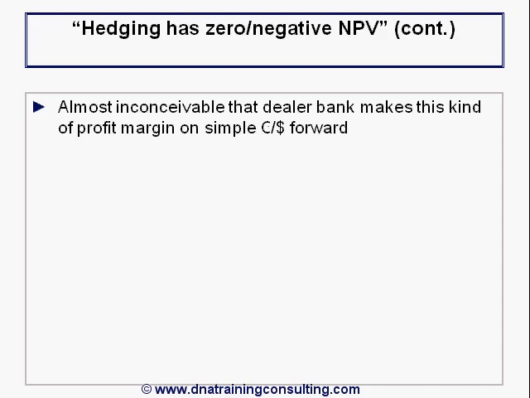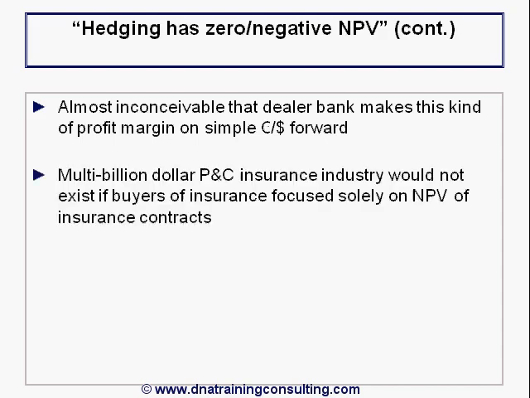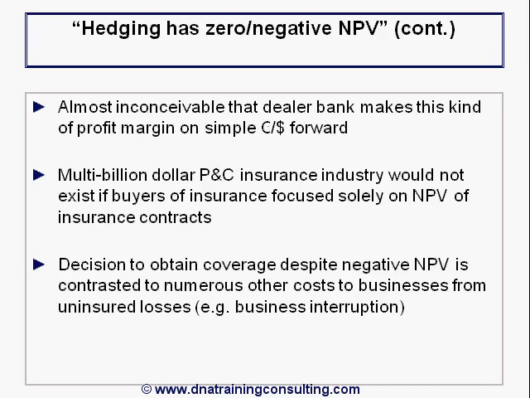In any event, we return to the insurance analogy and point out that the multi-billion-dollar property and casualty insurance industry, and several others, would not exist if users of insurance focused solely on the NPV of their insurance contracts. The decision to obtain coverage despite the negative NPV of those contracts is justified by contemplating the numerous other costs to the business from an uninsured loss, such as from business interruption, employee morale, and similar perspectives.